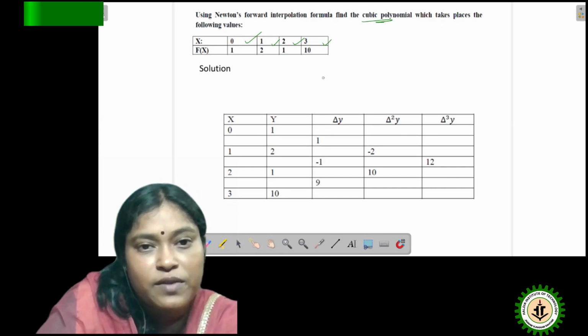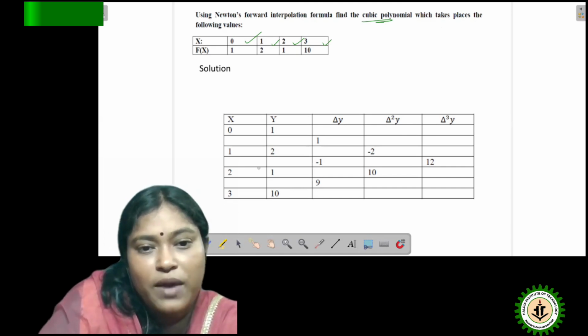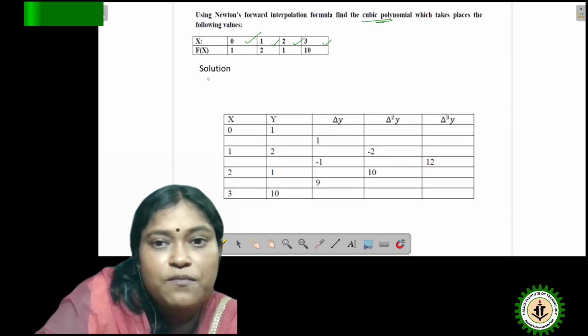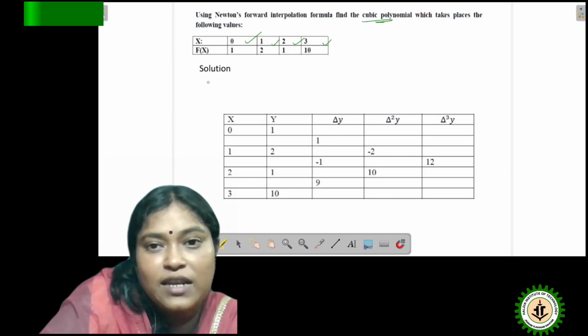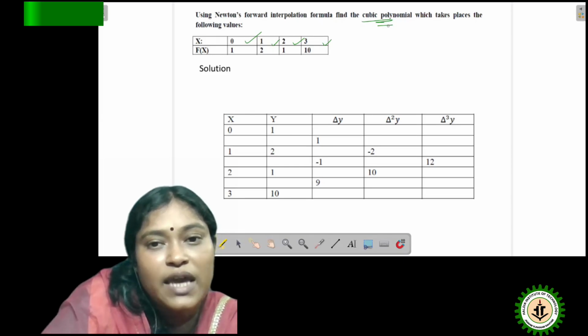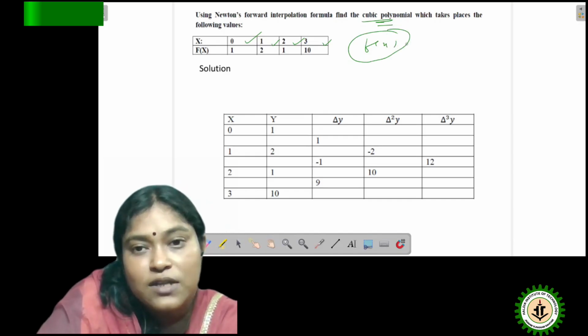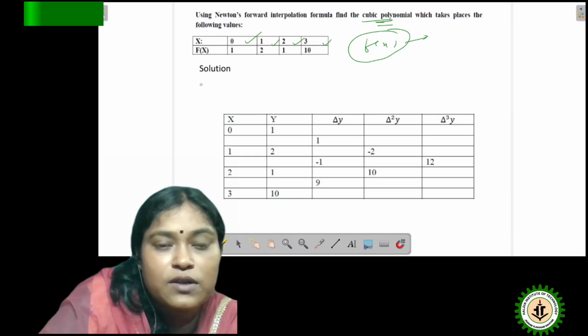So we will get a cubic polynomial. Here also you have to make the table like this, and find the value of u. Now we have to find the polynomial, not any particular value of f(x).